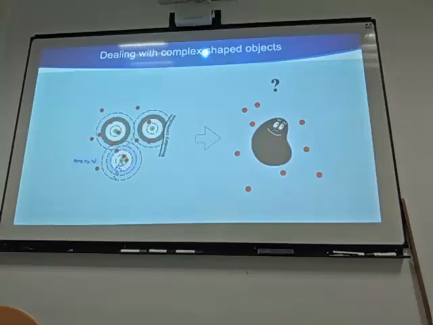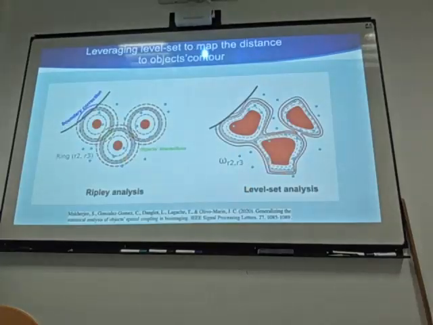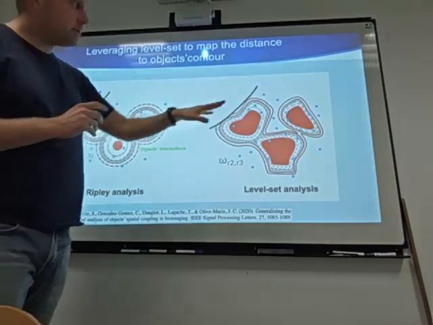And I'll conclude this analysis of spatial association with complex shape objects, because here we have only considered points. We have also developed some methods using level sets to deal with complex shapes or tissue or anything. So the idea is that instead of looking at this concentric distance around points, we map the domain in a level set.